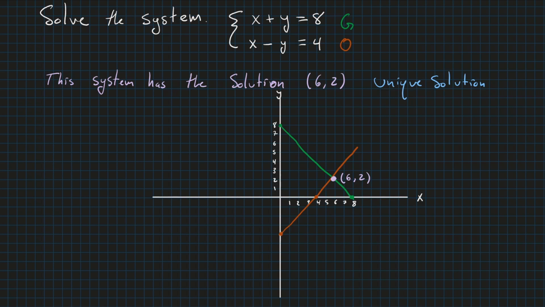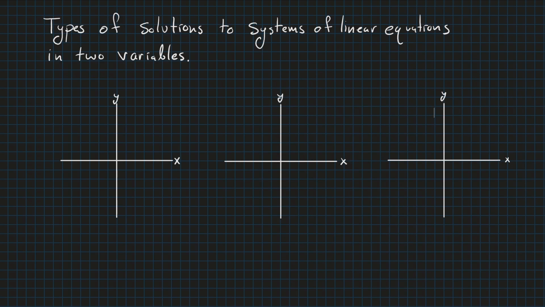So it has a unique solution, and it is the point of intersection of these two lines. That leads us to a question: what other types of solutions do we get? That really comes from the geometry of the lines involved. The types of solutions that we can have to a system of linear equations in two variables, we'll discuss the three variable case later, is that there can be a total of three classes.